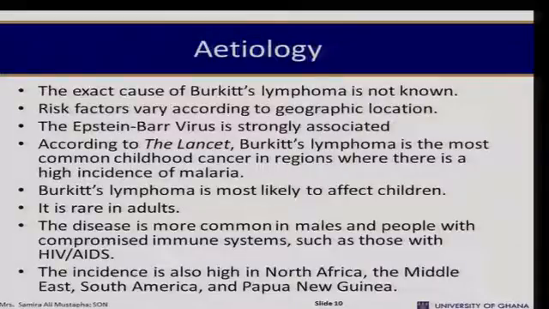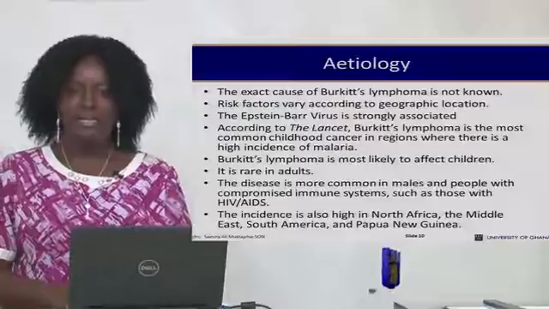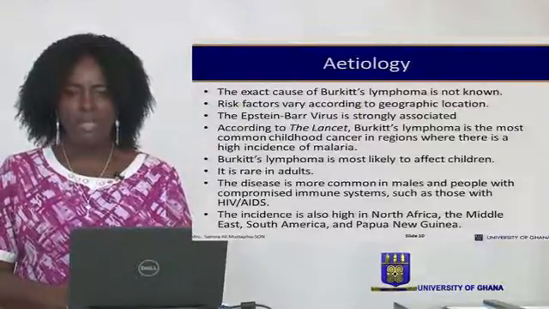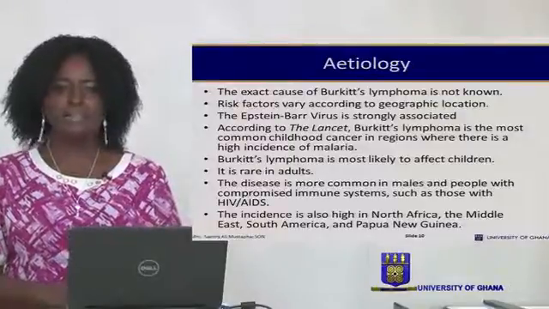The etiology. The actual cause is not known. Risk factors vary according to geographical locations. In Africa, it is associated with Epstein-Barr virus and malaria infection, as I said earlier.